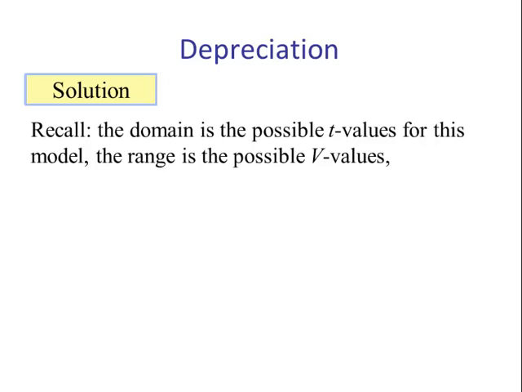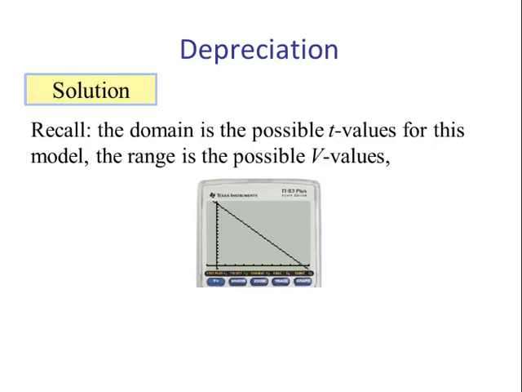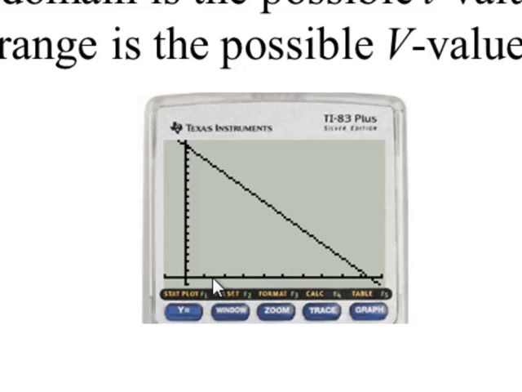Lastly, if you recall, the domain is the x values, and in this case the possible t values for this model, and the range is the possible y values or v values for this problem. So if we look at our graph, our domain are these values. So that would be from 0 to about 9.3.